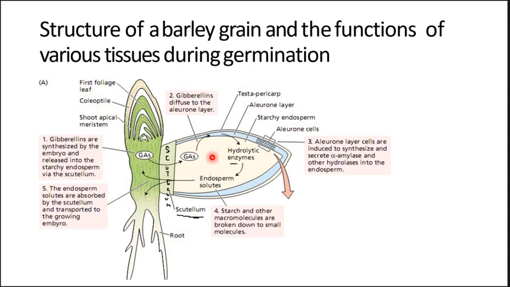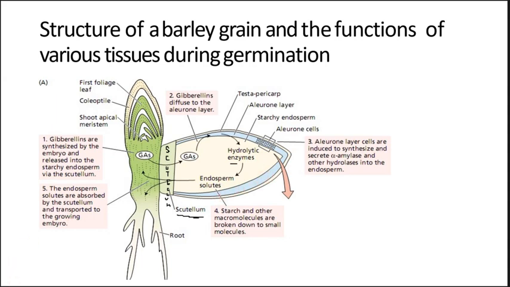Now the endosperm has two layers: the centrally located starchy region and the aleurone layer. The starchy region is typically non-living and contains starch grains, but the aleurone layer contains protein bodies. The role of the aleurone layer is to synthesize and release hydrolytic enzymes.